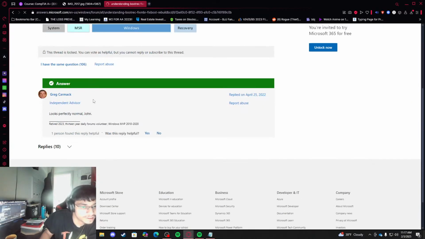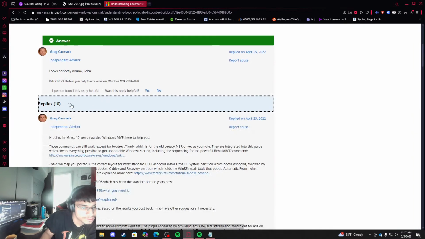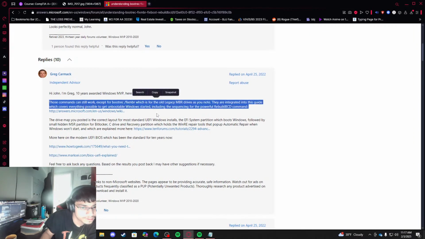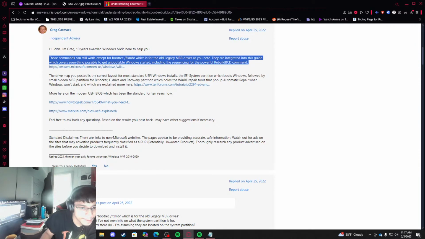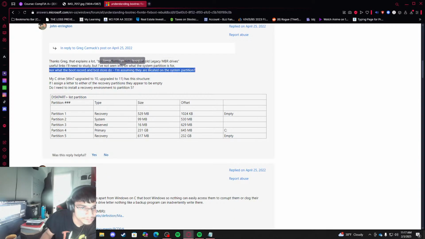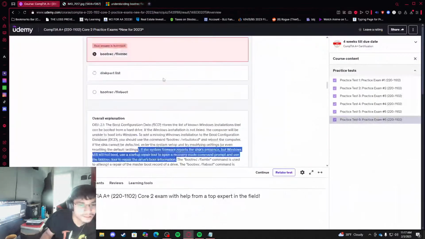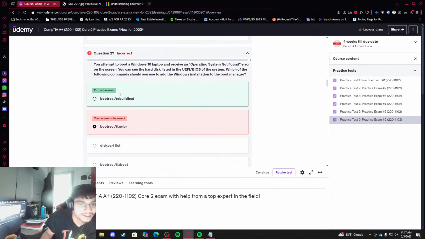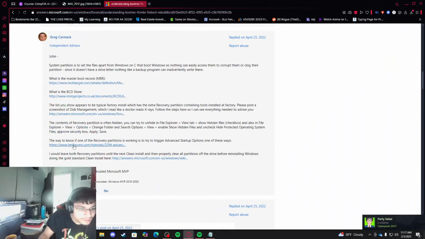Let's go on Microsoft to see if we can find out. It's for legacy drives. Windows 10 laptops, I mean, that's just the drive itself. It's not really the OS.